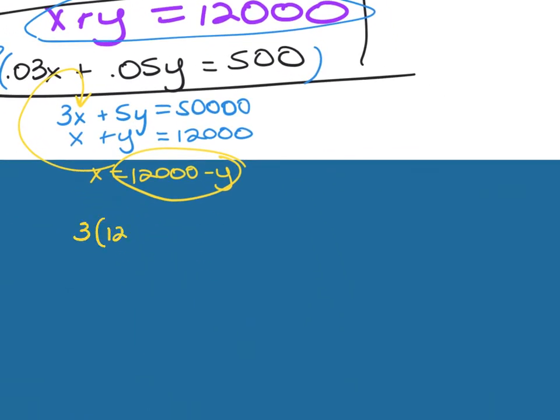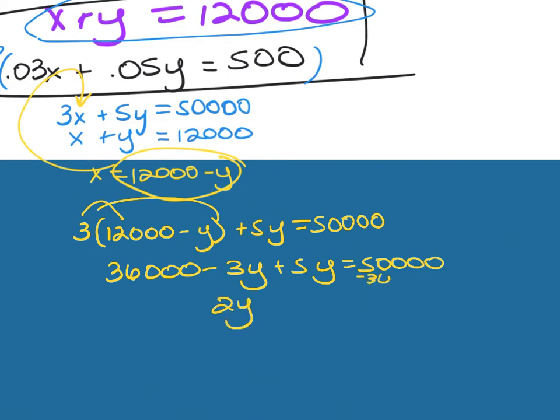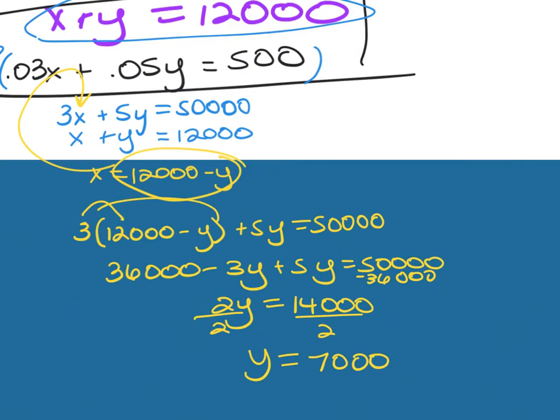So 3 times (12,000 minus y) plus 5y equals 50,000. Distribute here. 2y, subtract this here, would equal 14,000. Divide by 2, and y is 7,000.